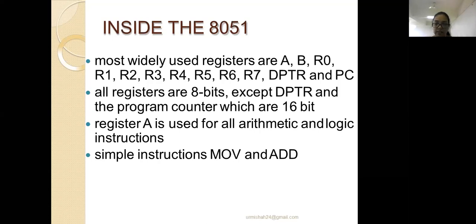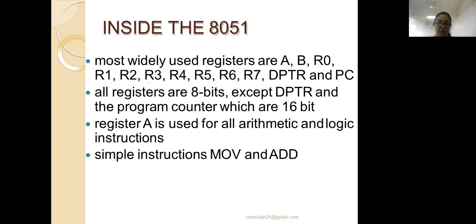Then DPTR, which is the data pointer register, and the PC register, which we call the program counter register. Here all the registers are 8-bit registers except the data pointer and program counter, as data pointer and program counter are 16-bit registers. Register A is used for all arithmetic and logic instructions.